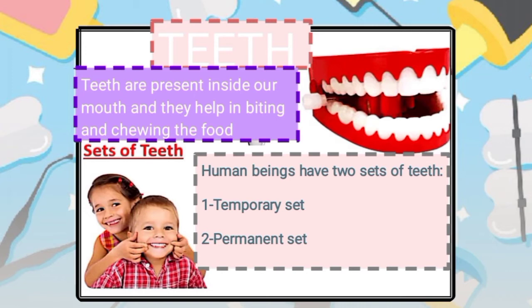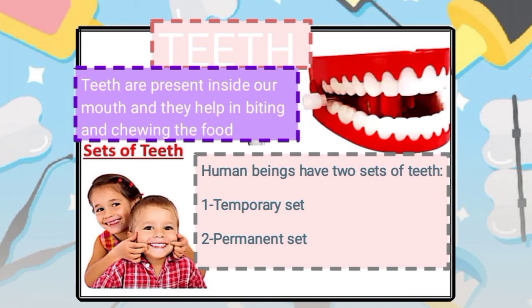Human beings have 2 sets of teeth, temporary set and permanent set. We have all gone through the phase during our childhood where we would lose a tooth and a new one would already be ready below it.